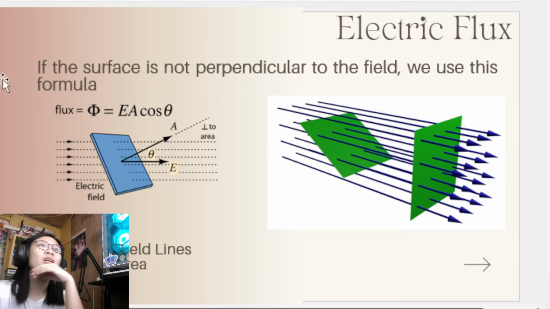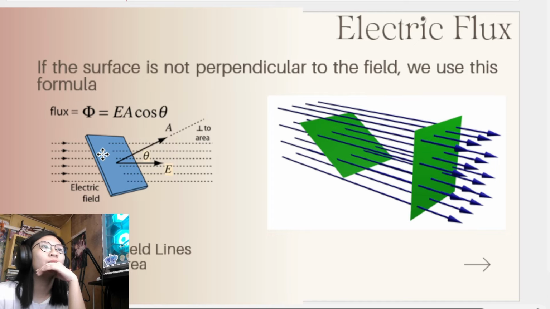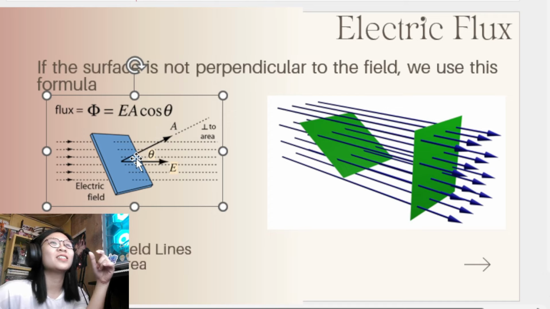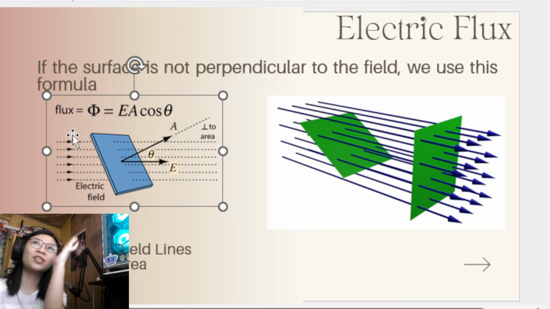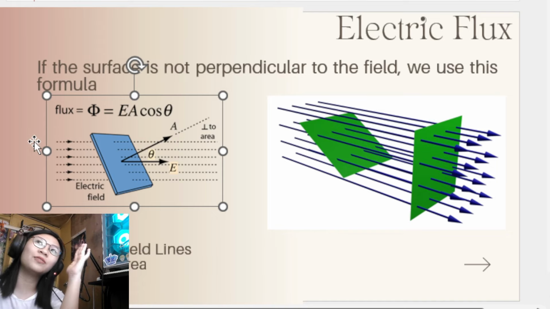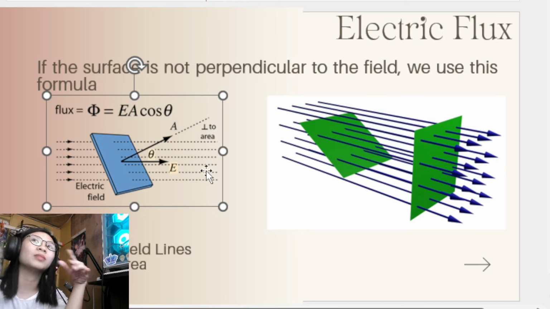Okay? So here, as you can see, this is your image. Your surface is slightly angled, slanted. Therefore, A follows, so A also has an angle, because A is always perpendicular, or 90 degrees, with your surface. They always go together.